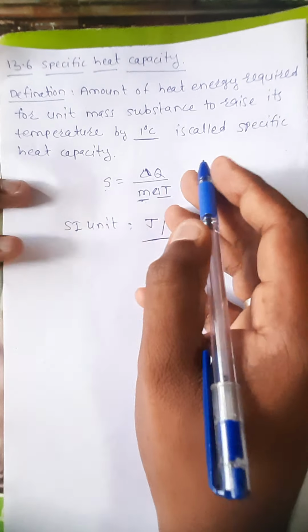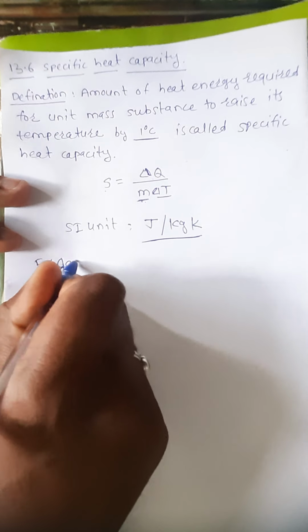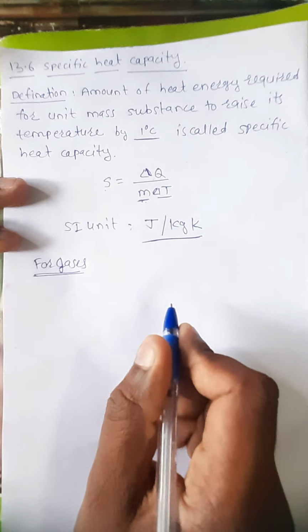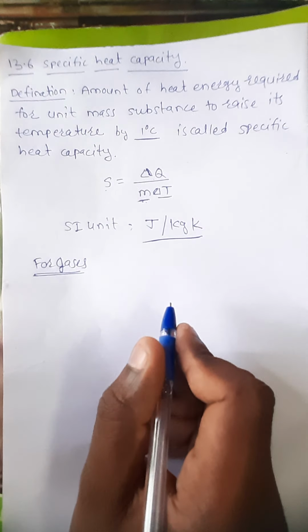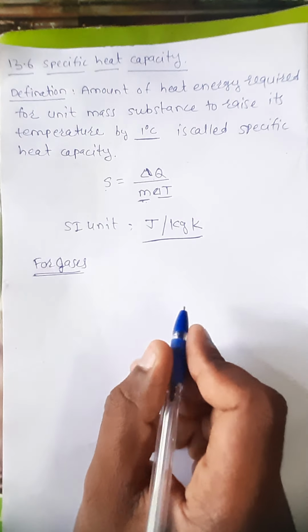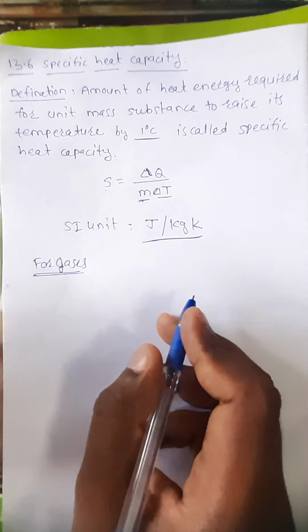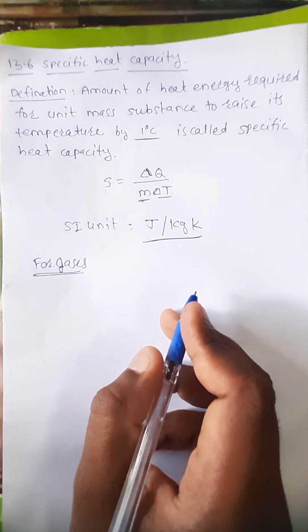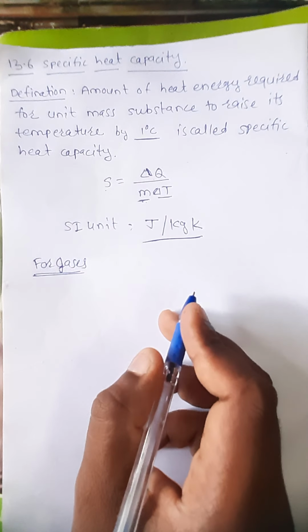But for gases, we know that gas can't be measured in terms of kg. Gases can be measured in terms of moles, meaning the molecules of gases can be measured in terms of moles. For that purpose, the amount of substance can be measured in terms of the number of moles.